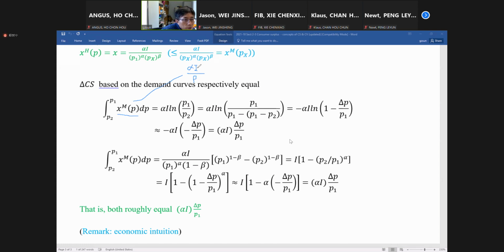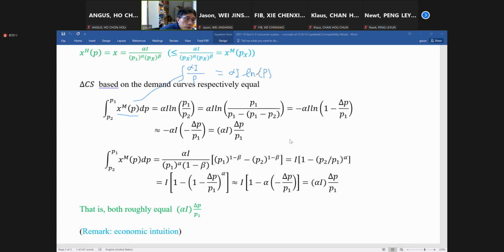So therefore, the original function for this one equals alpha I times log C, right?